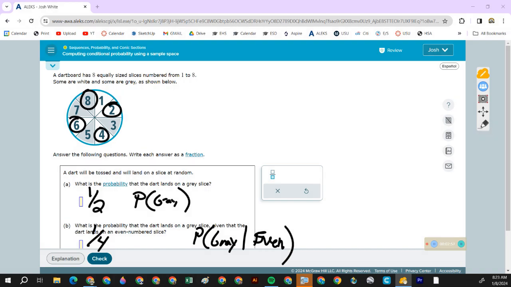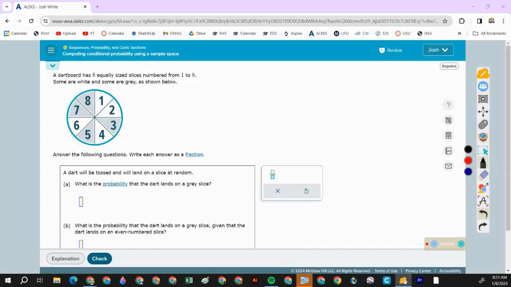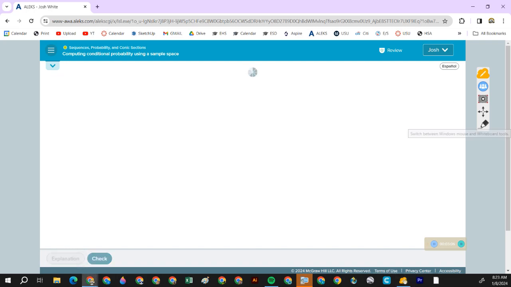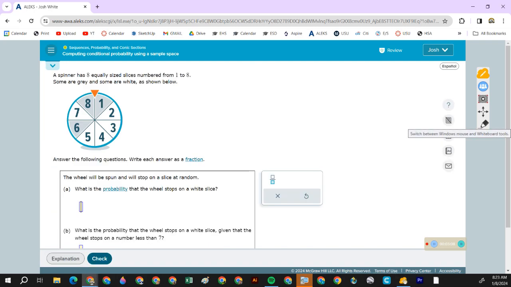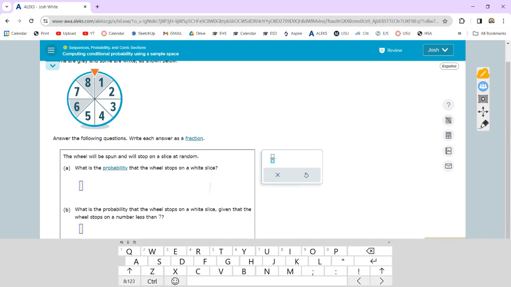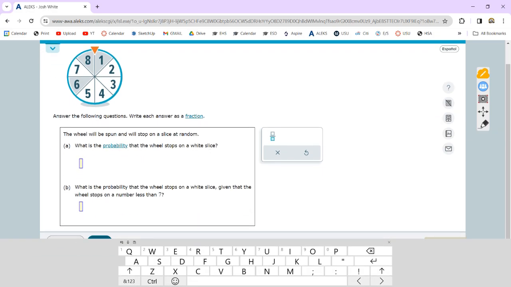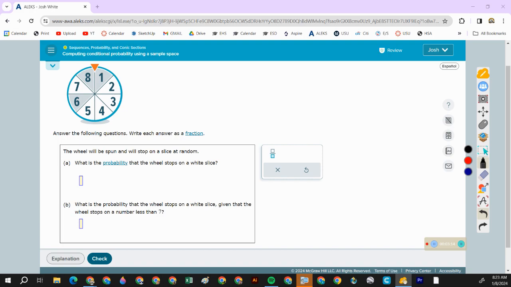Let's do another one. Okay. What is the probability that the wheel stops on white? 5 out of 8.